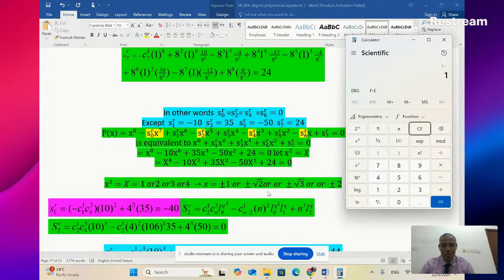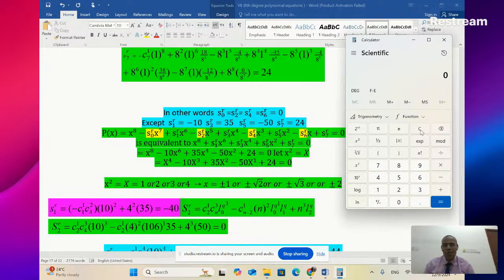I will compute 1 minus 10 plus 35 minus 50 plus 24. This one, learners, is equal to 0, which means this is the first root. The second root, let's check it.